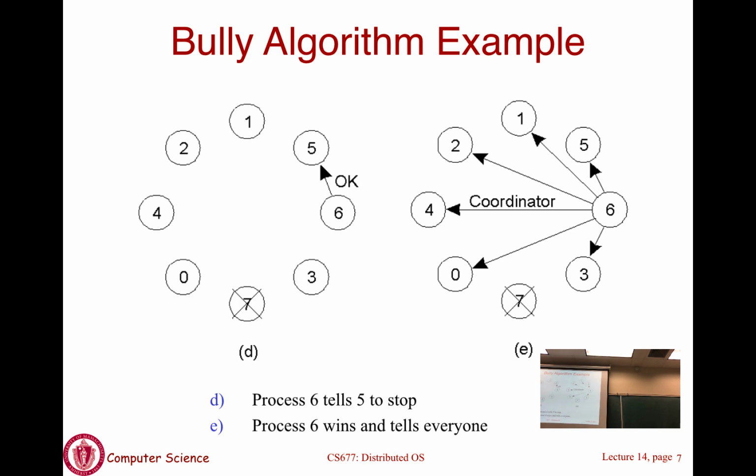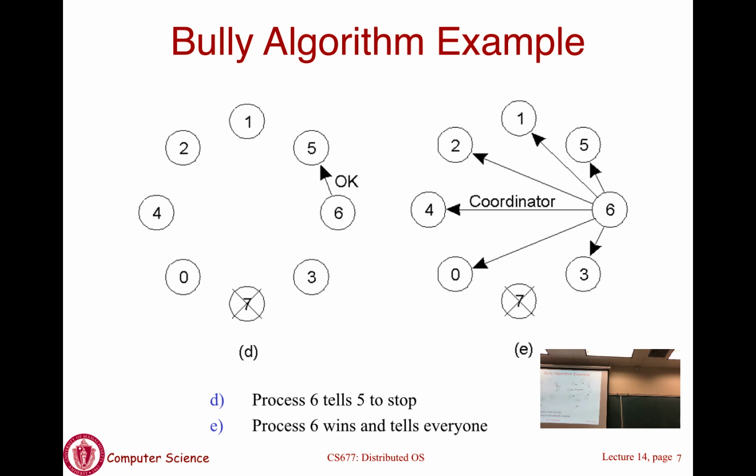There's a scenario where the network delay is really high and 6 doesn't receive the message from 7, but others receive it. So you are saying, what if 7 was actually up, and 6 just hasn't received the message from 7, right?